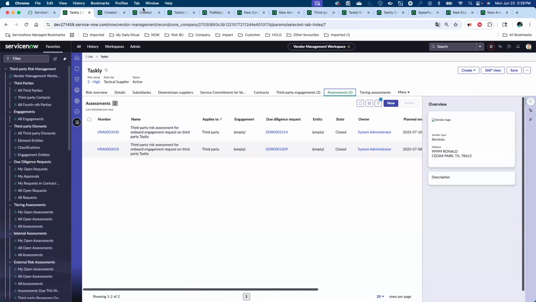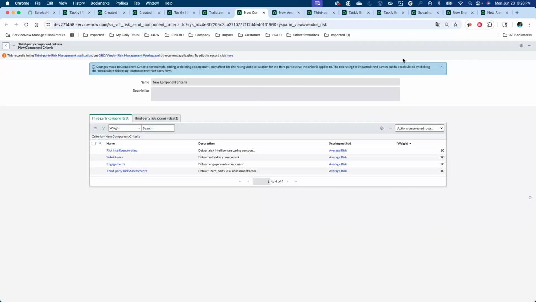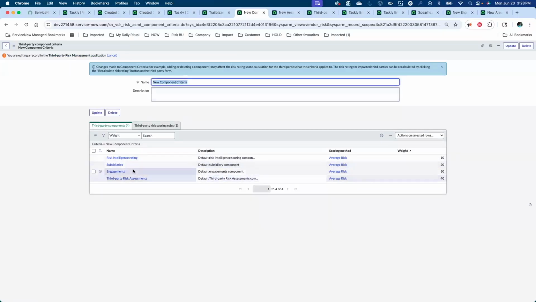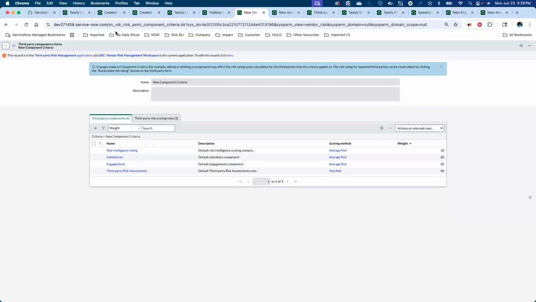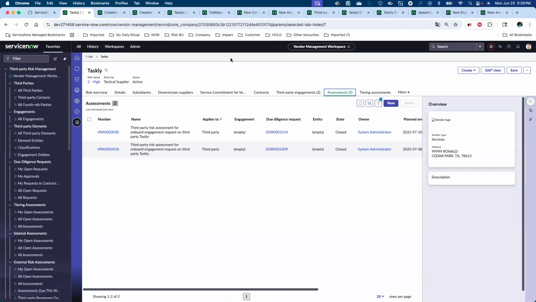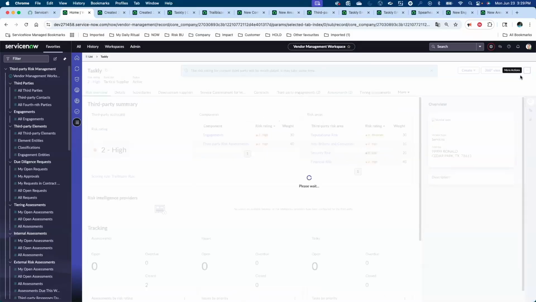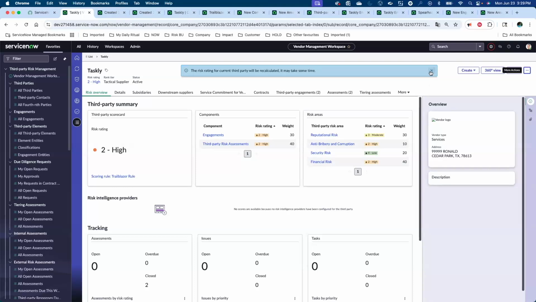All right, so instead of an average, if the criteria is max, so in the third party component criteria, instead of this being average, if this is max, how would this change? So we go back to Taskly and recalculate the risk rating, if you will.